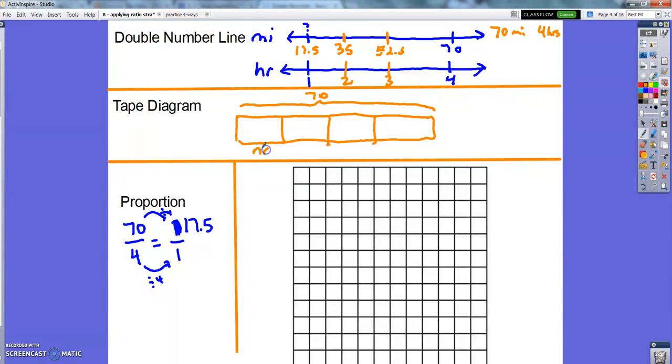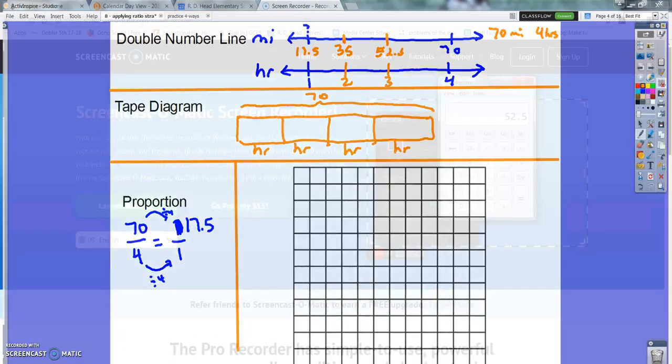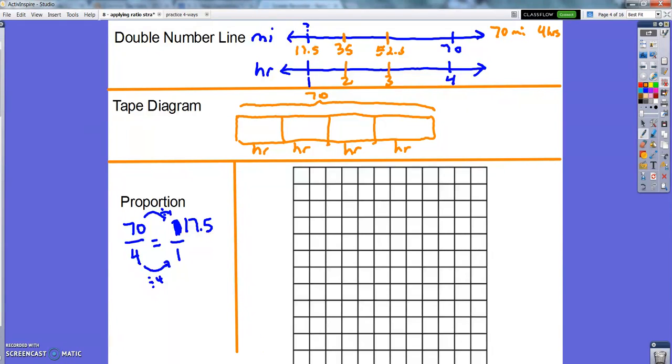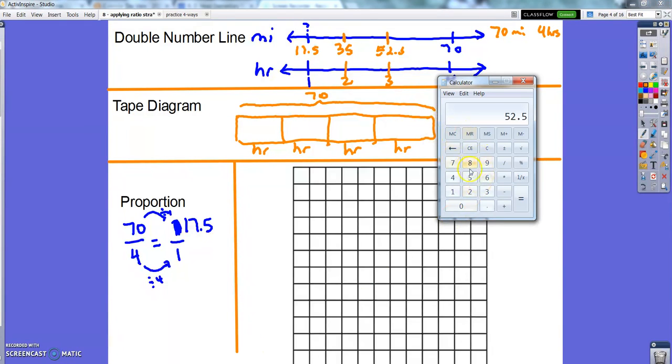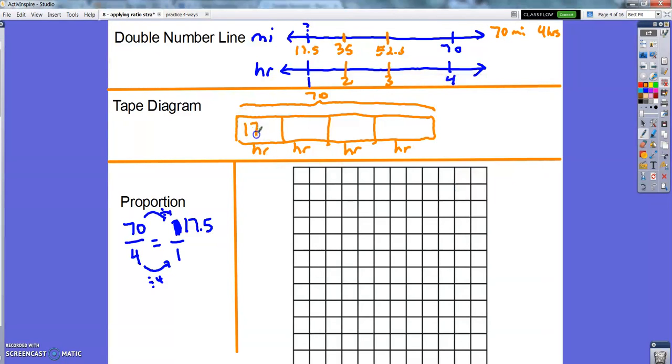This is an hour, hour, hour, hour. So if I'm going to do that, I would divide 70 by 4. We're getting used to this, right? Notice all the strategies, I end up really doing the same thing. And each hour would get 17.5 miles. That's a neat and pretty tidy and easy tape diagram, I feel, on this one.